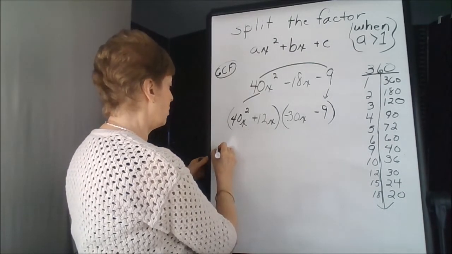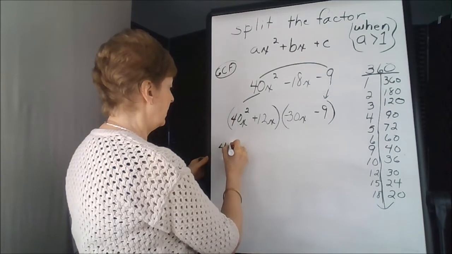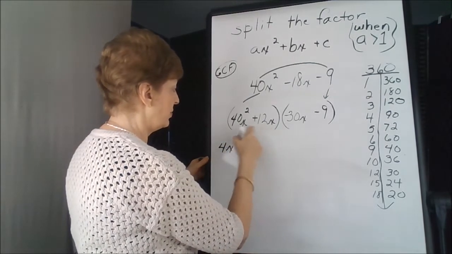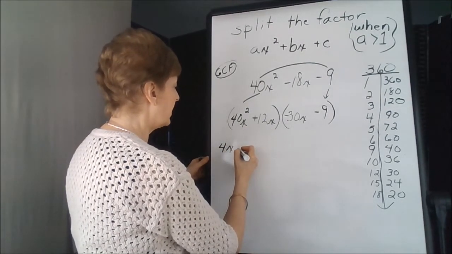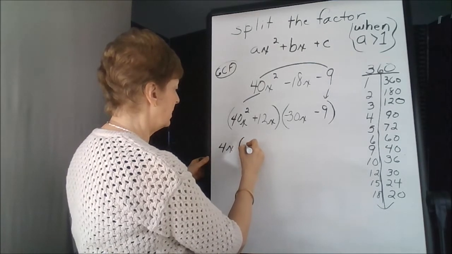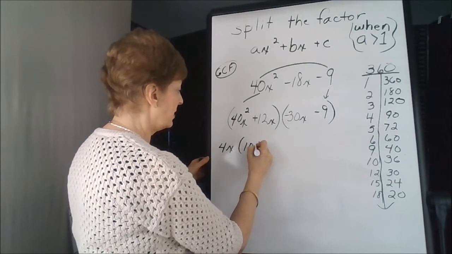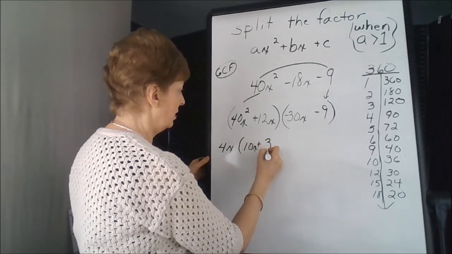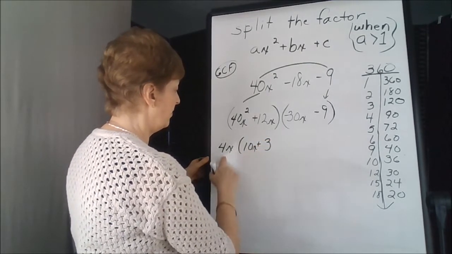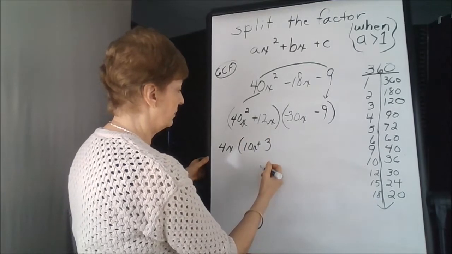So let's try 4x, because we have x's in both terms. So 4x times 10x plus 3, because 3 times 4 is 12.